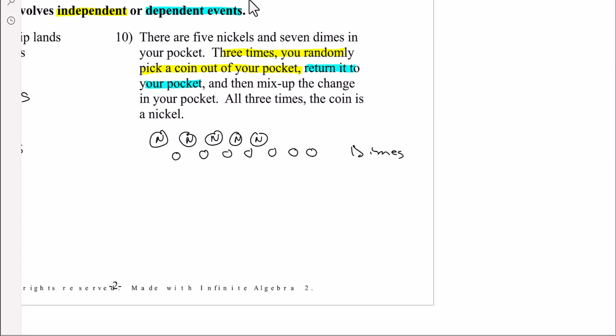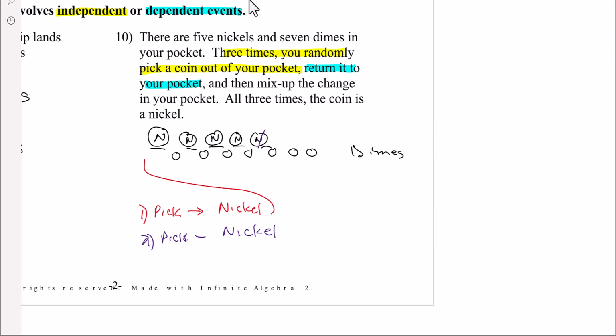All right, so the first time we pick a coin, pull a coin out of our pocket, we get a nickel. But we put the nickel back. So there's a very good likelihood you still have the same number of nickels. When you pick a coin out of your pocket, now maybe this time we get this nickel, but we also put that coin back.